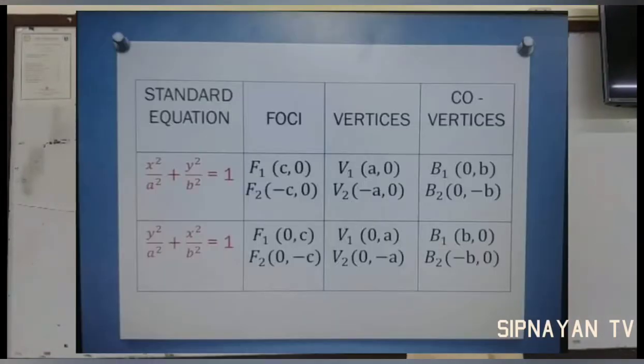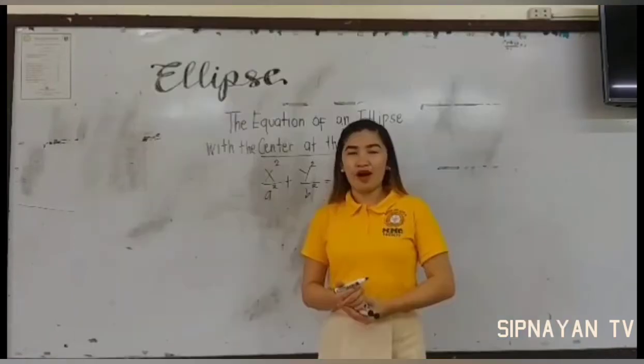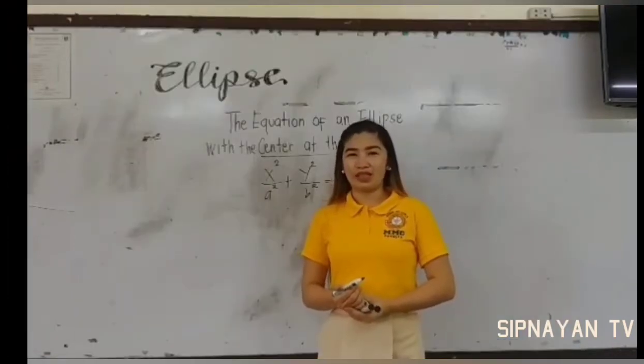We have a table that represents the equation of an ellipse. This table helps us to identify if the given equation is parallel to the x-axis or parallel to the y-axis.